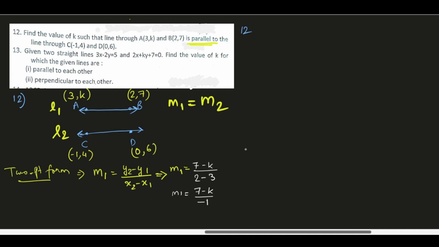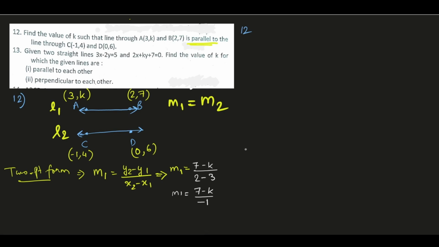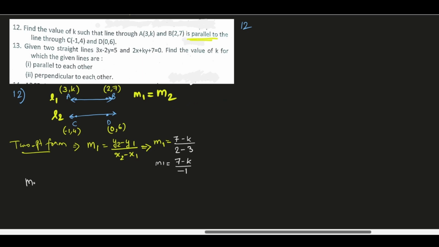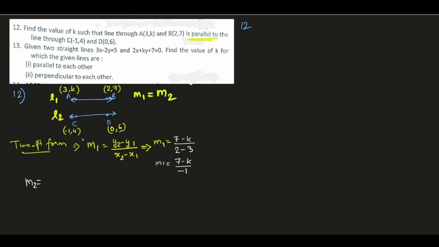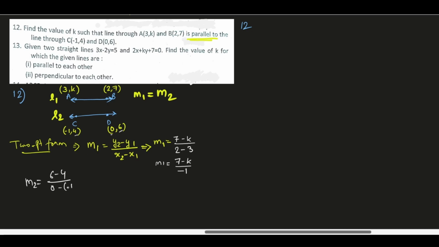Similarly, to calculate m2, we have again y2 minus y1, which is 6 minus 4, divided by x2 minus x1, that is 0 minus -1.